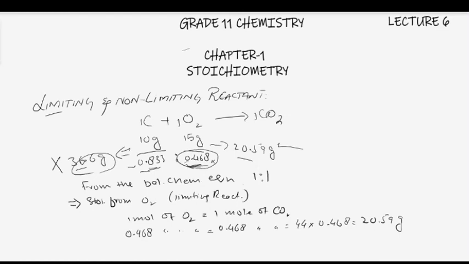And what that means as a result is that when we have 0.468 moles of oxygen, it will only react with 0.468 moles of carbon, which means that some amount of carbon will be left behind, and that is the difference of what we have in hand and what has reacted with the limiting reactant.